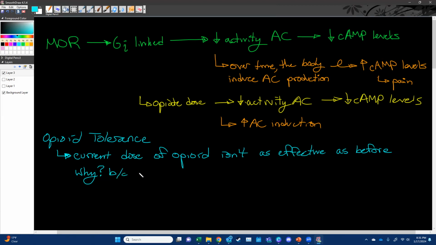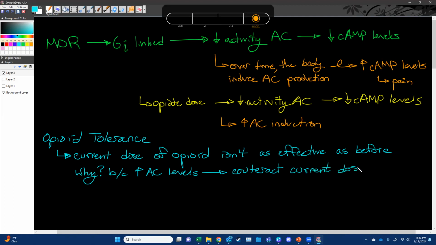Because the body increased adenylate cyclase levels to counteract the current dose. So we would say that this person is now tolerant at 10 milligrams, and that would necessitate an increase in their opioid.